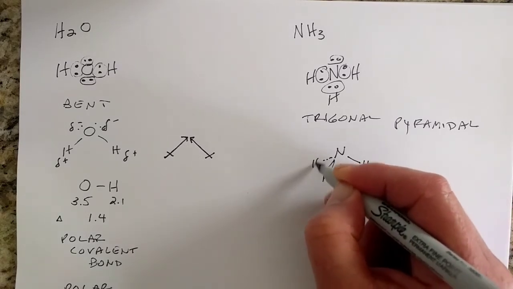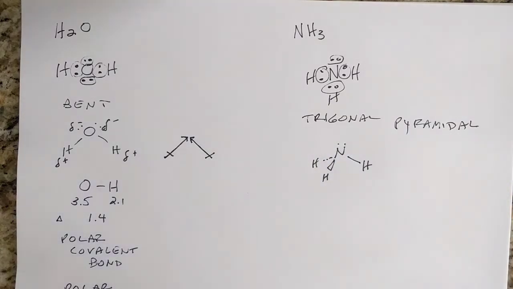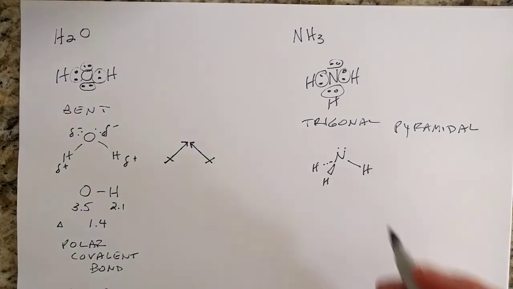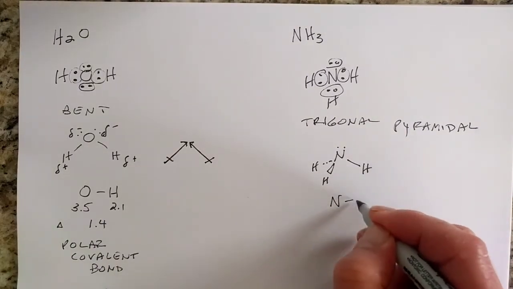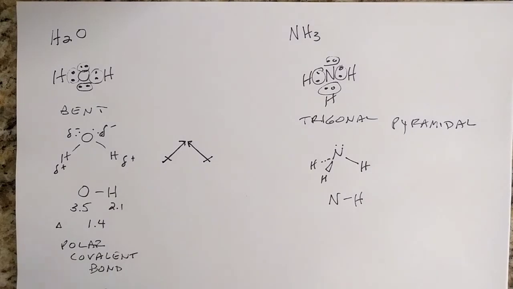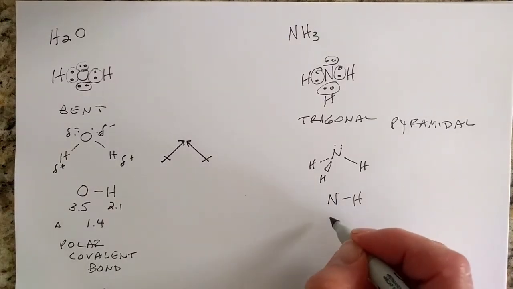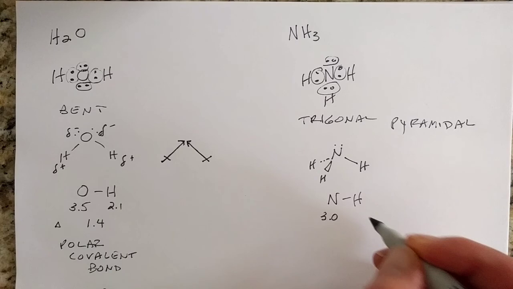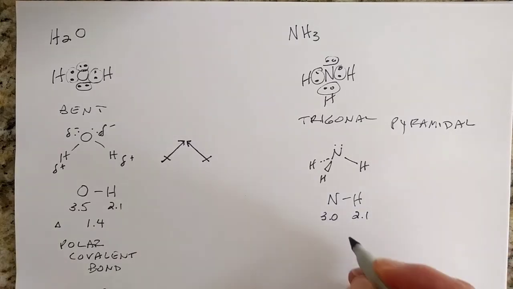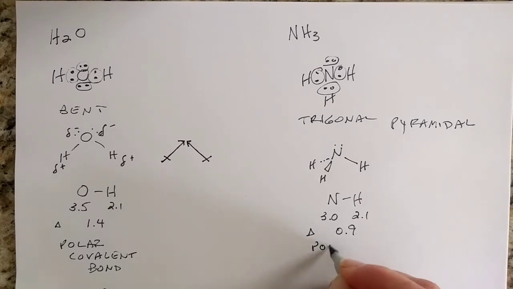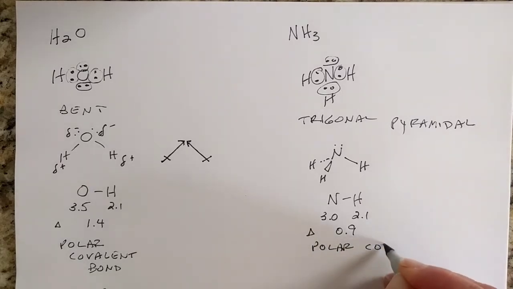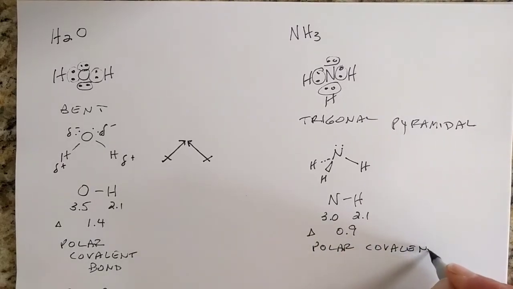One sticking out in the front, one going behind in the back, with our lone pair of electrons. Look at the nitrogen-hydrogen bond. Nitrogen, here's my table. Nitrogen, oh, I should have known that. It's third most electronegative along with chlorine, 3.0. Hydrogen is 2.1 for a delta of 0.9, giving us a polar covalent bond.